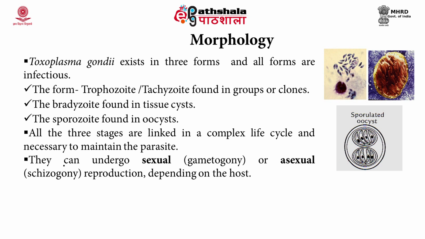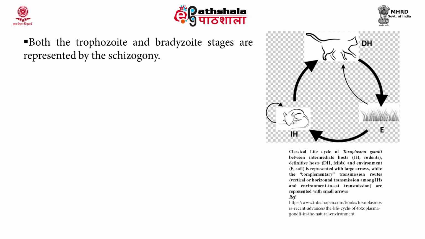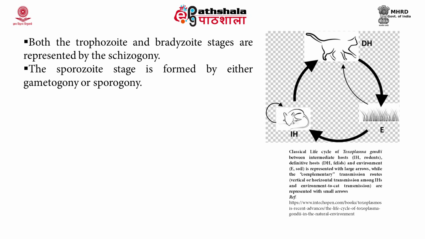They can undergo sexual or asexual reproduction depending on the host. Both the Trophozoite and Bradyzoite stages are represented by schizogony, and the Sporozoite stage is formed by either gametogony or sporogony.